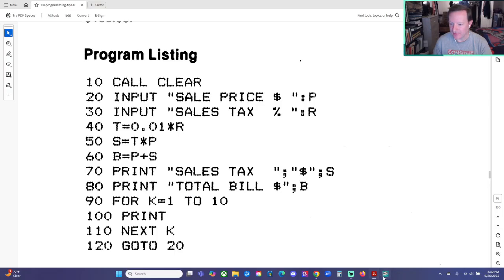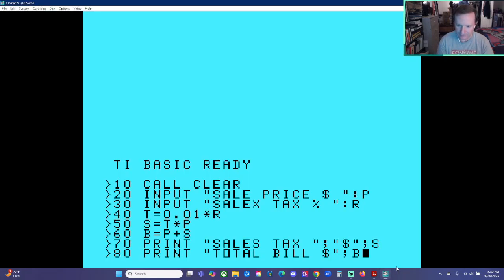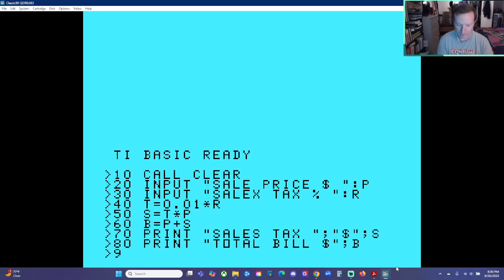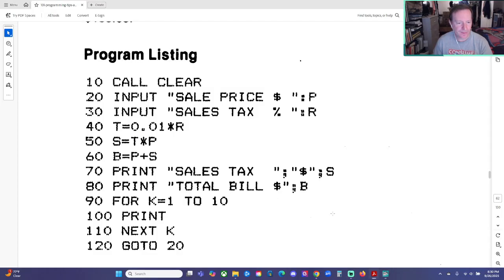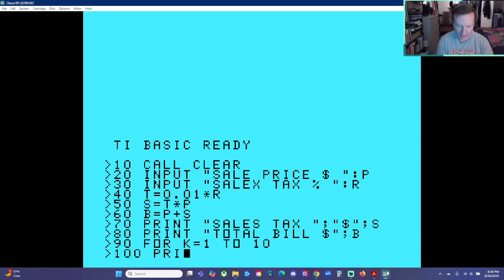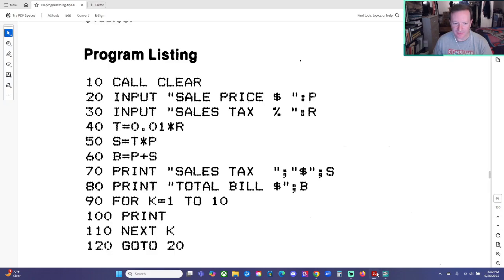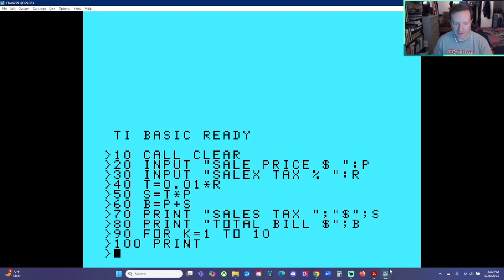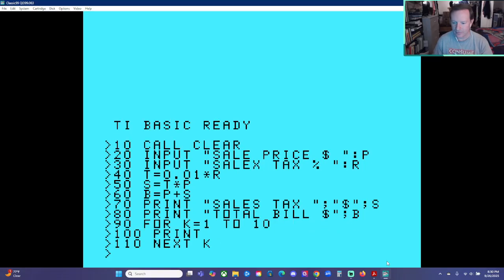Yep, and then semicolon B for bill. 90, for K equals 1 to 10. 100, print. Yeah, this just gives us 10 extra lines, and 110 next K closes the for-next loop. And 120, go to 20.